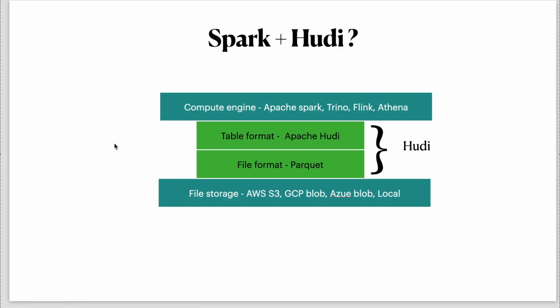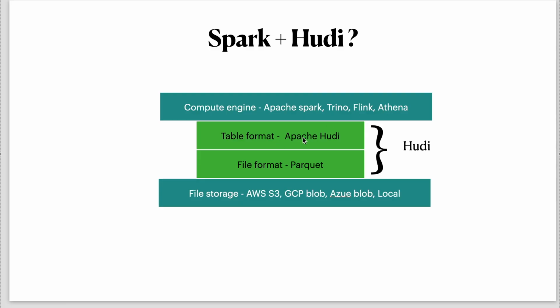If we represent each layer with some sort of tech stack, we can represent it this way. The compute engine we can represent with Apache Spark, Trino, Flink, and Athena, which are used to process data.